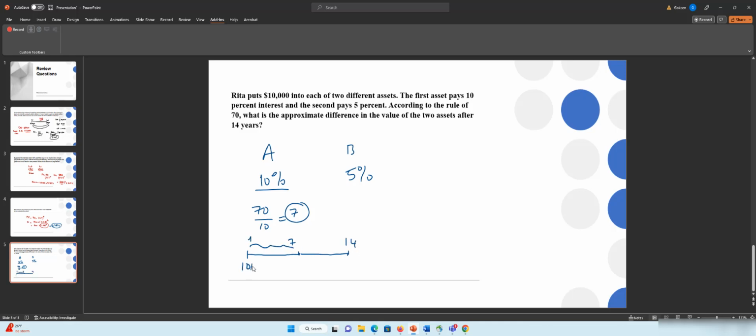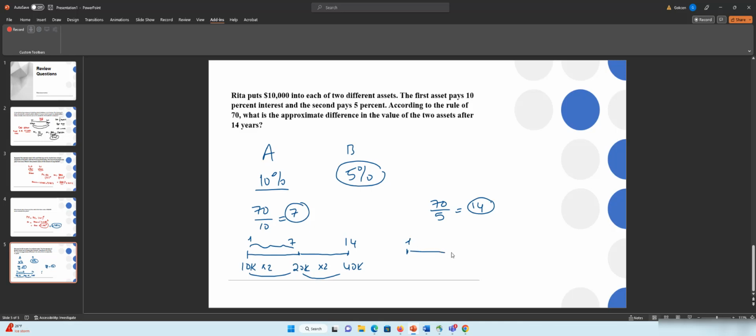So you start with 10K, and it's going to double in 7 years, becoming 20K, and 20K is going to double and become 40K in 14 years. Now let's look at asset B, which pays 5%. The rule of 70 tells us that it takes 14 years to double the initial amount.